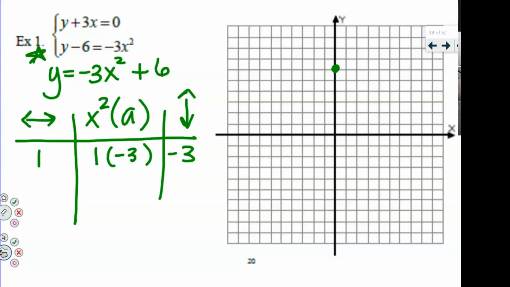Let's do another point. Let's go 2 places away from the vertex. 2 places squared is 4. 4 times negative 3 is going to tell us our down movement of 12 units. And then guys, go ahead and grab your symmetrical points, and then we will draw the curve.